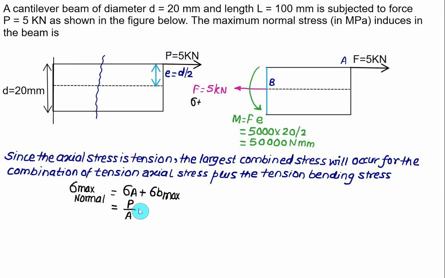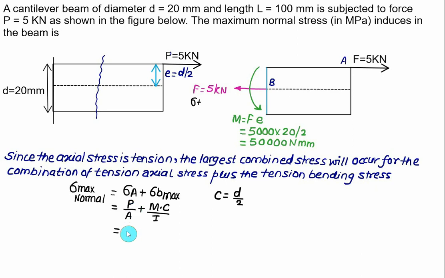Bending stress is equal to M multiplied by c divided by I. Here the value of c for a circular section is equal to diameter divided by 2. So for circular sections, the maximum distance of the top fiber or bottom fiber from the neutral axis is d by 2. The value of M is known, the value of P is known.